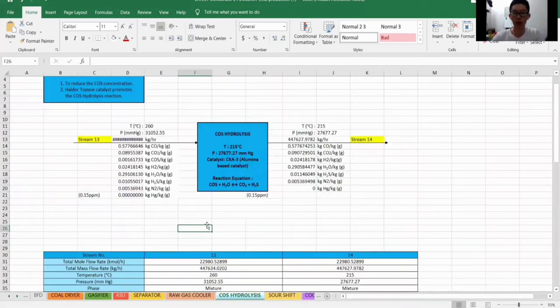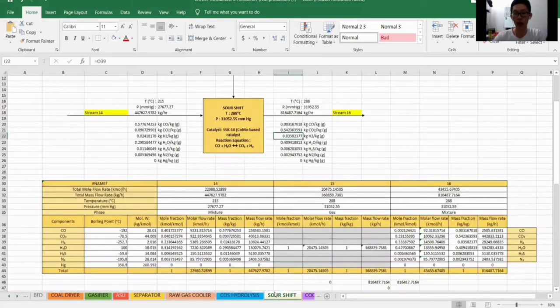Then we go to the COS hydrolysis. This COS hydrolysis is used to convert the COS into CO2 and H2S. The reason why we want to convert the COS into CO2 and H2S is that our sour shift uses a catalyst called SSK10, which is a Haldor Topsoe catalyst.